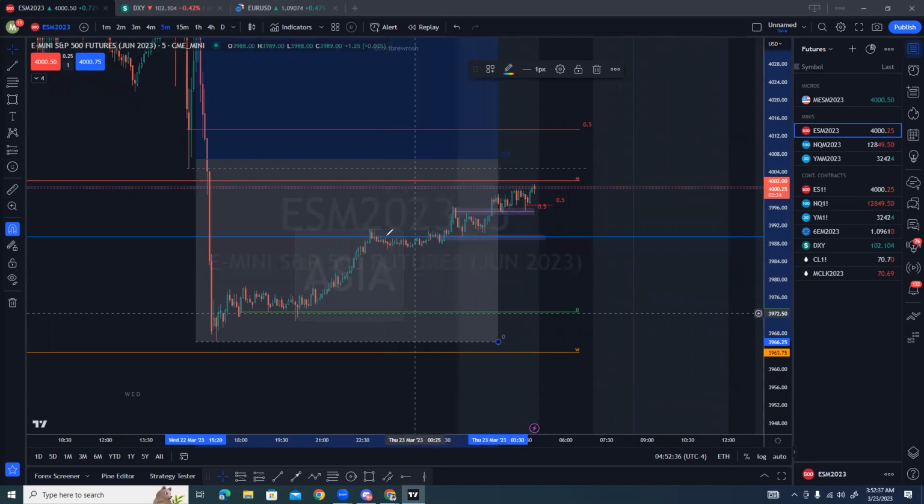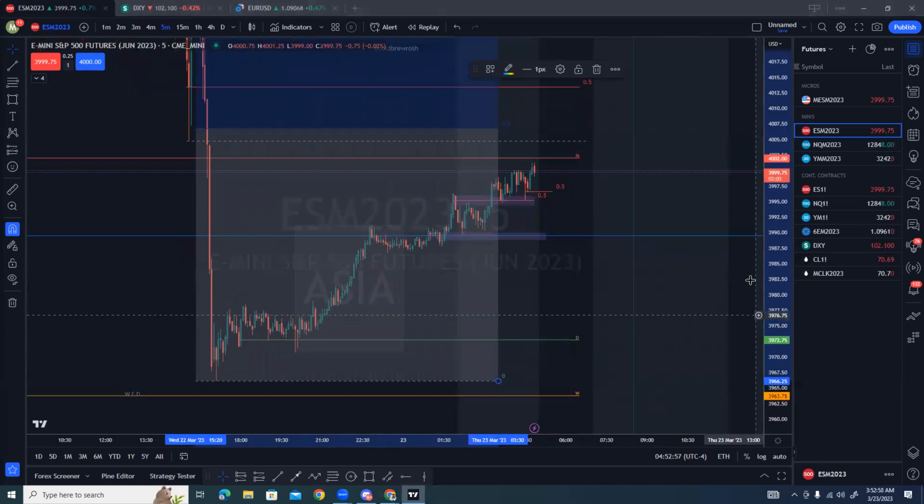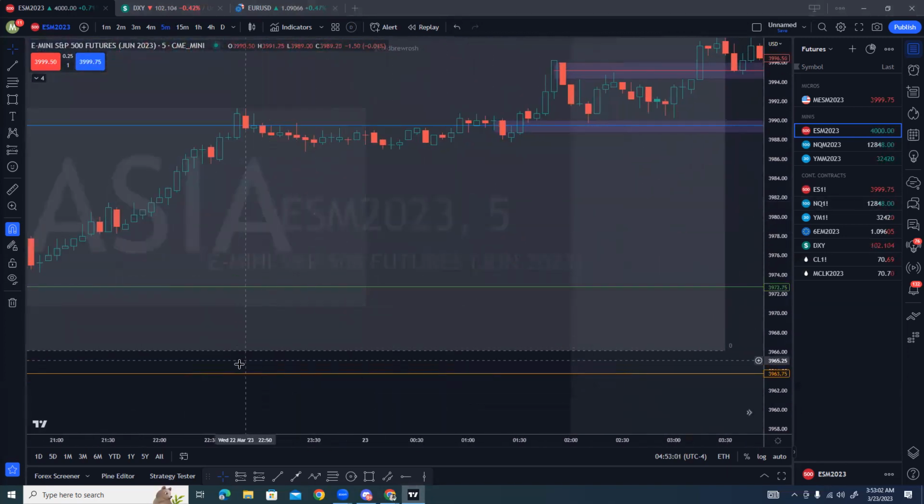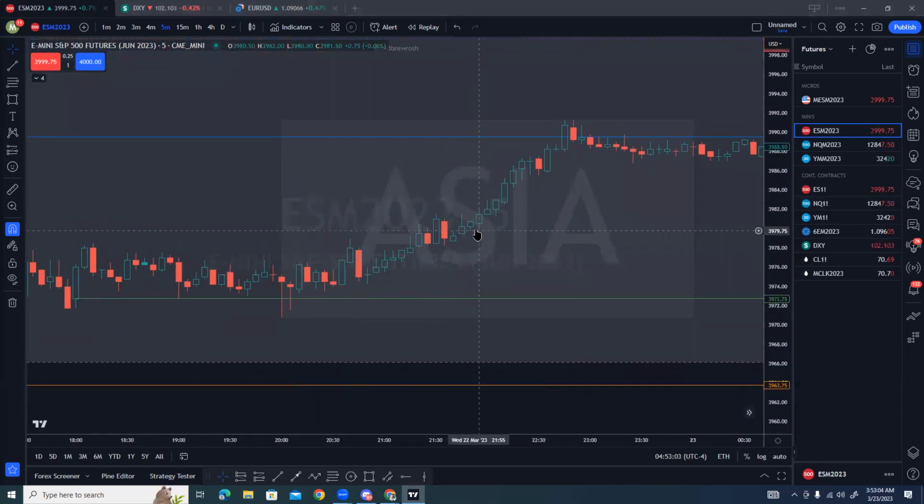So if I'm only taking buys, I am waiting for price to take liquidity with displacement and leave me fair value gaps so I can get in and go long. It also happened right here. I'll zoom in real quick. This is where Jenny ended up taking a trade right there.